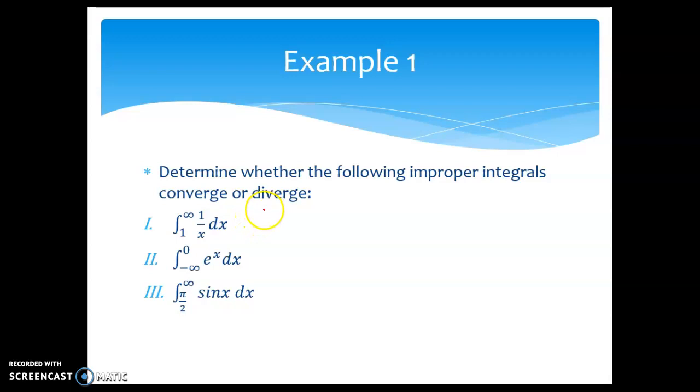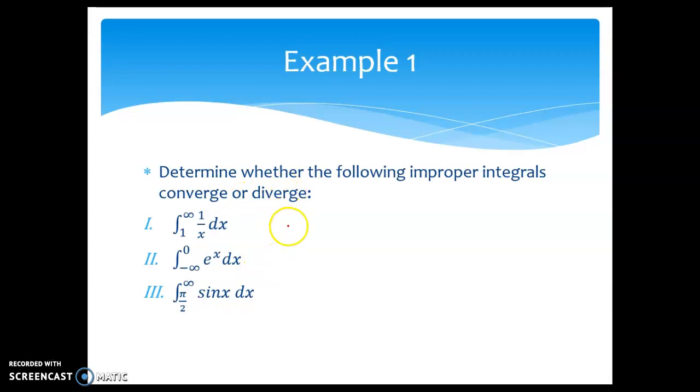But if we integrate a problem and then we come up with infinity, or we find the integration does not exist, at that time we say this is a divergent integration.